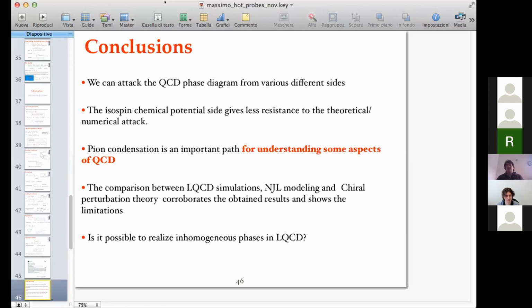The proper way of fixing the coupling constant and the regularization scheme is to fix them to some physical quantity or using lattice QCD.